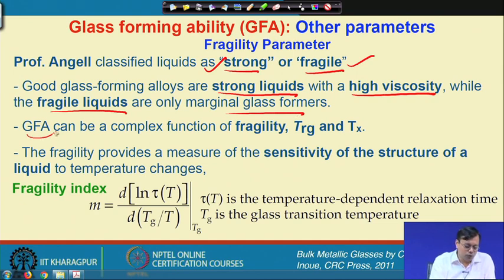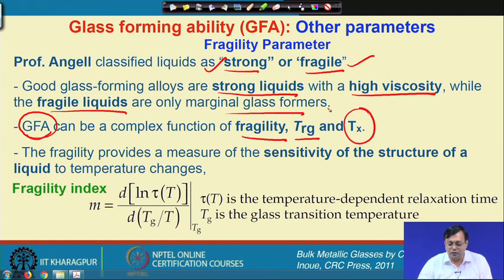And so, we can think of the glass forming ability as a complex function of the fragility and TRG, that is the reduced glass transition temperature, and Tx, because we have seen that TRG is equal to Tg by TL. So, Tx, TRG, these are all empirical relations that came out, and we now introduce another term, that is the fragility based on the viscosity.